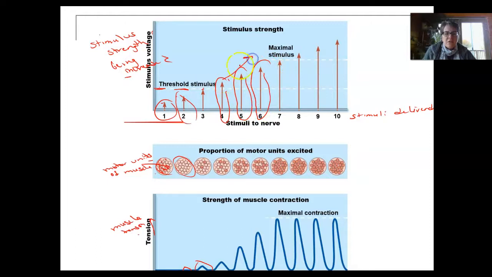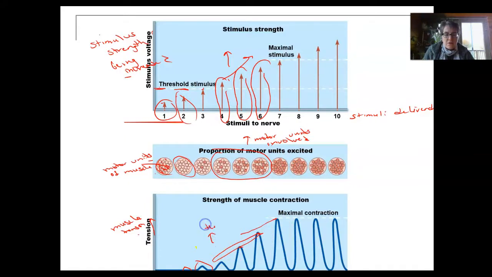My stimulus strength is increasing. I am involving more and more and more motor units, right? Increased motor units involved. And my strength of contraction is also increasing.